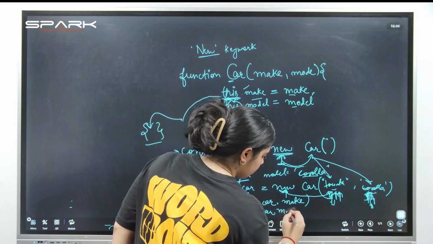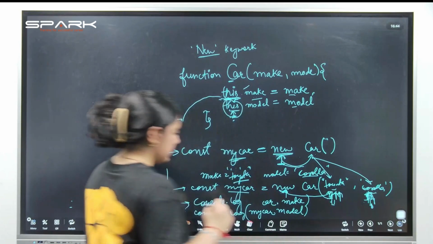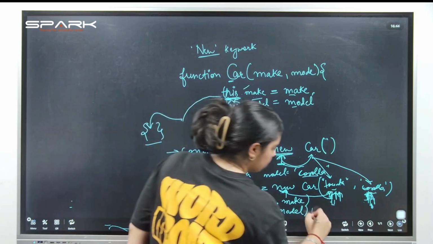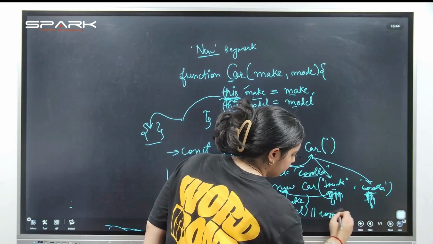So I'll write model. Once I run this, my console will give me the output as Corolla.